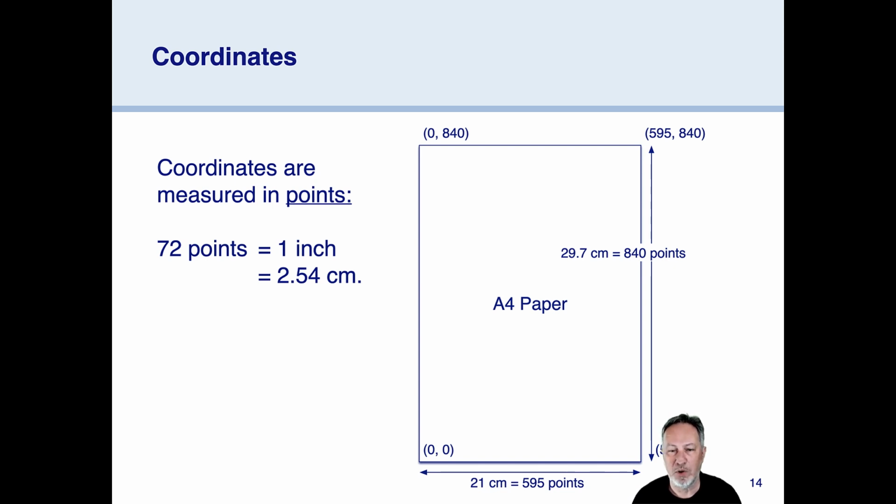So when I have 12-point type or 10-point type, these points refer to a specific measure. In particular, 72 points is exactly 1 inch or 2.54 centimeters. A sheet of A4 paper is 595 points wide and 840 points high. The coordinate system that PostScript uses assumes that 0, 0 is at the bottom left. So those are our XY coordinates.